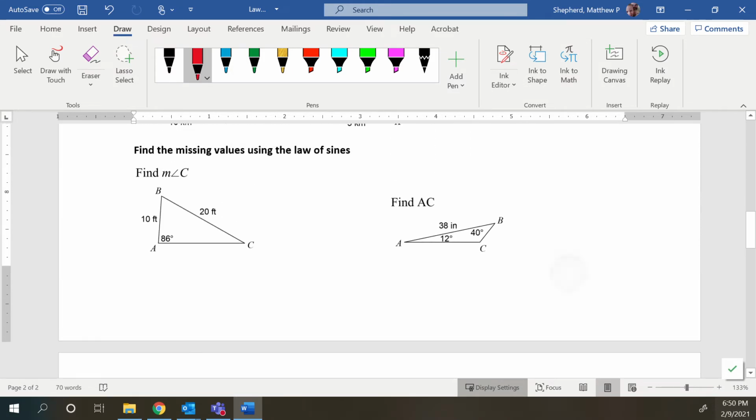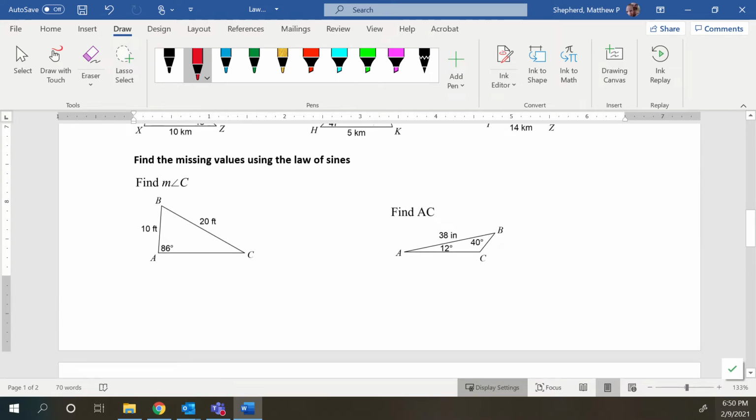So here are two problems that will use the law of sines. Now remember, it was always an angle with its opposite side. So that right there is going to start us off with the sine of 86 divided by the opposite side, which was 20. Now notice in this problem we are looking for the measure of angle C. So I'm looking for C right here.